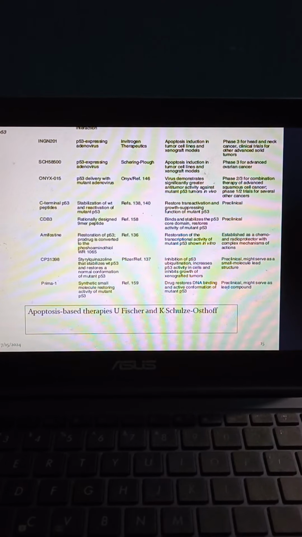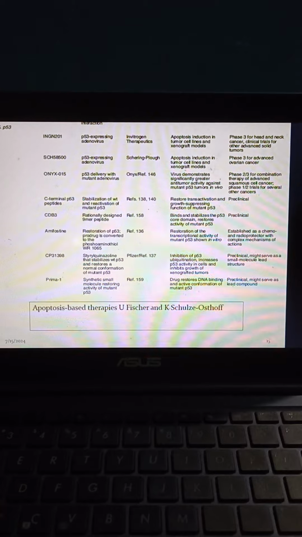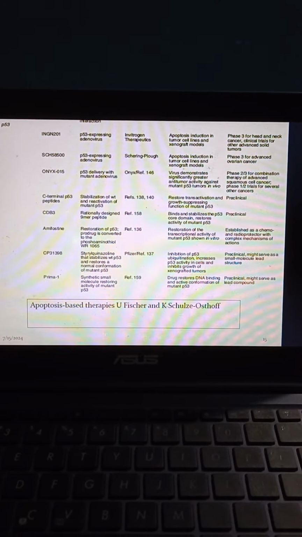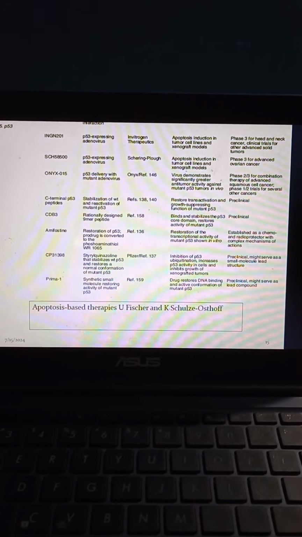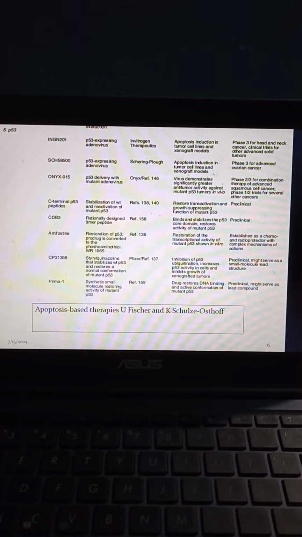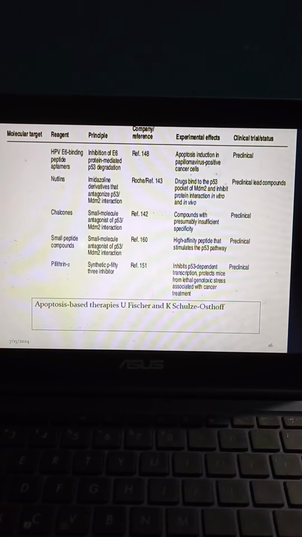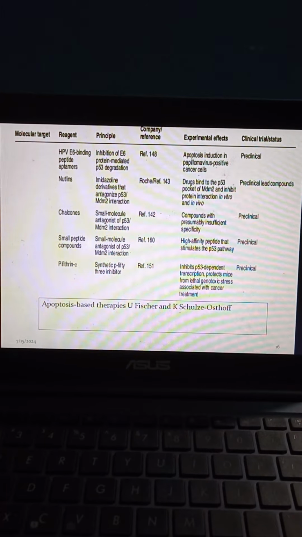You can go through apoptosis-based therapies, U. Fisher and K. Schulze-Osthoff, to learn more about those that are in preclinical or clinical phase trials. And this is also another example of those in preclinical studies.